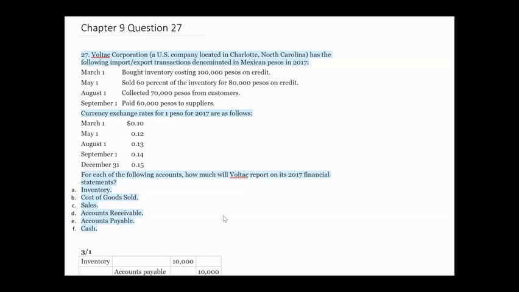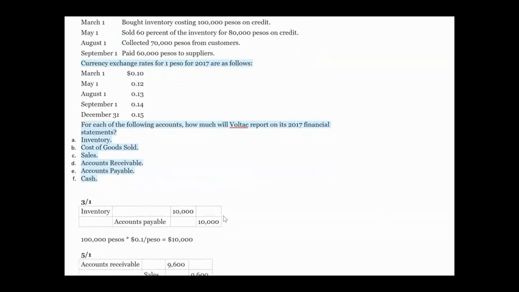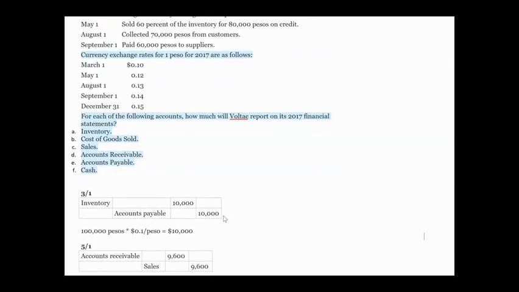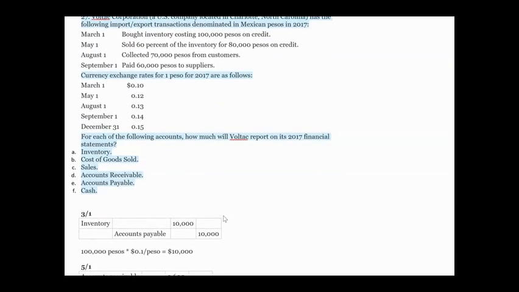Okay, so before we get to the solutions directly, let's prepare the journal entries related to those transactions on those 4 days. On March the 1st, the US company bought inventory costing them 100,000 pesos on credit. So the journal entry for this transaction is to debit inventory and credit accounts payable, and the amount we record on the books is always in US dollars.